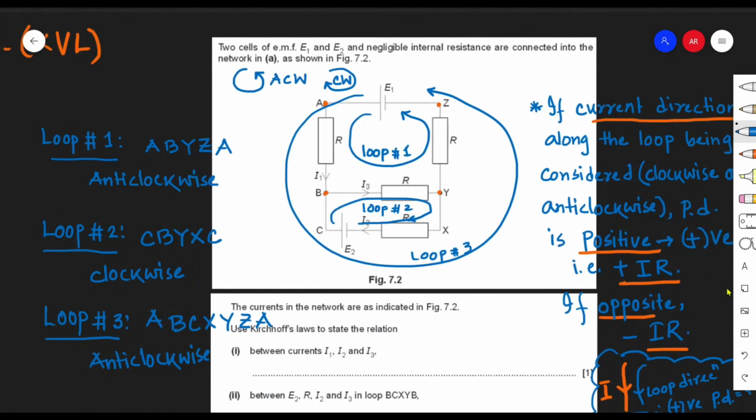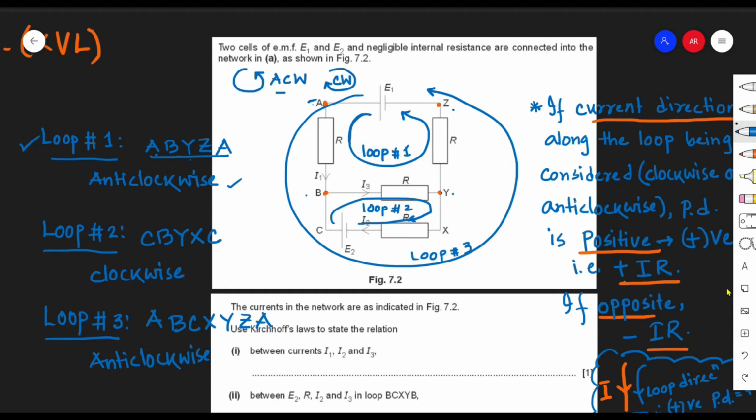If you understand this circuit thoroughly, you will be able to solve any question that has multiple batteries in the circuit. So loop 1 is the upper loop ABYZA. I chose it to be anti-clockwise. You can choose it the other way around, clockwise, as you wish.